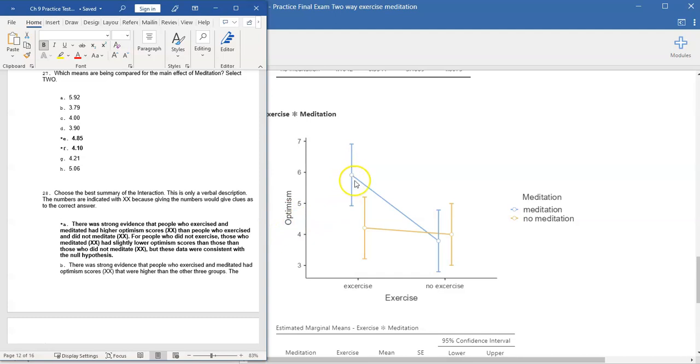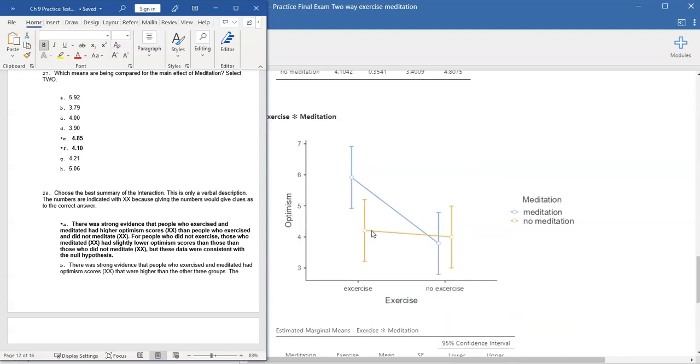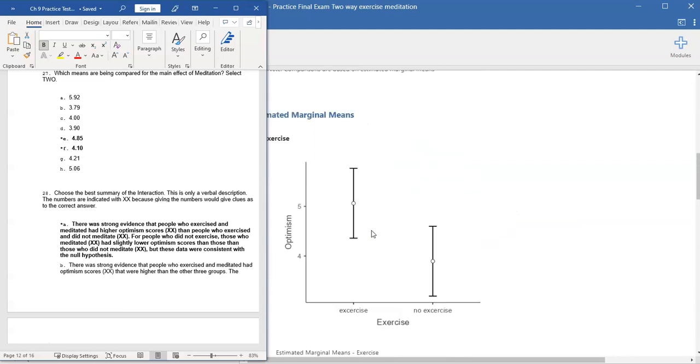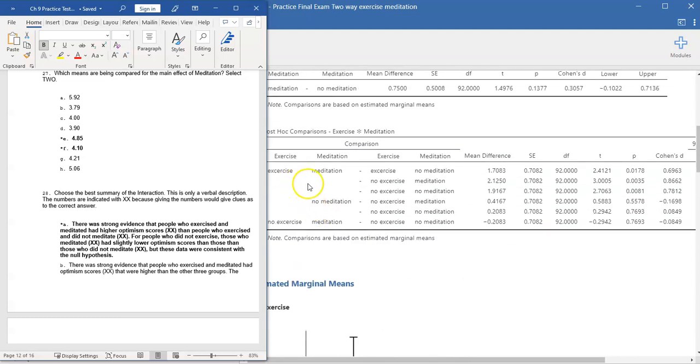And it's saying that this group had a higher optimism score than this, and it kind of reflects that in the graph. But how do we know that this difference is strong enough to be compelling? Again, you would go up and compare the people who exercised and meditated to the people who exercised who didn't meditate. And here's the p-value.